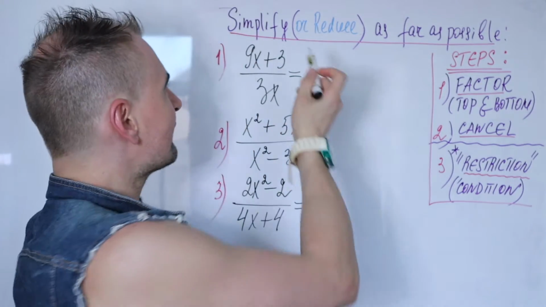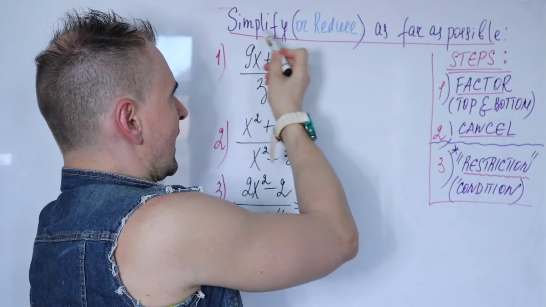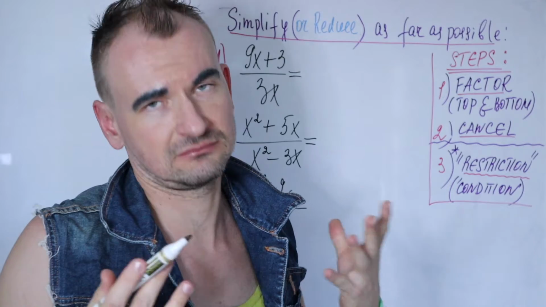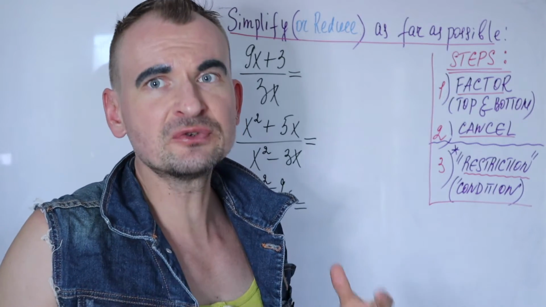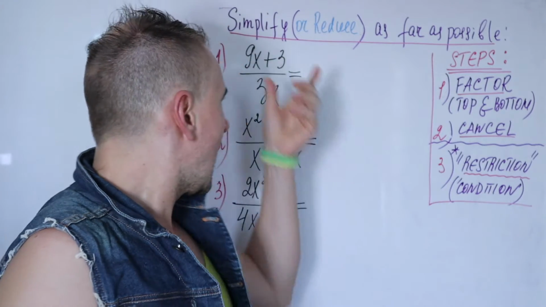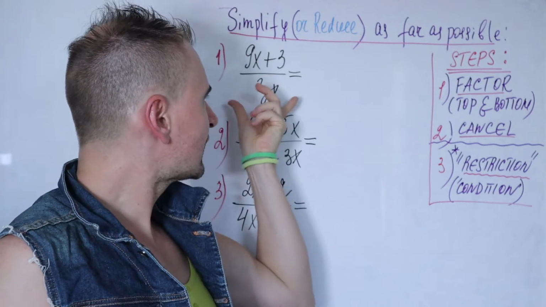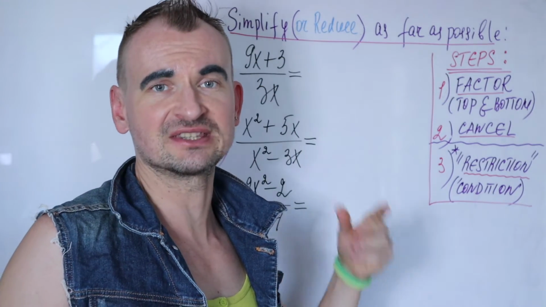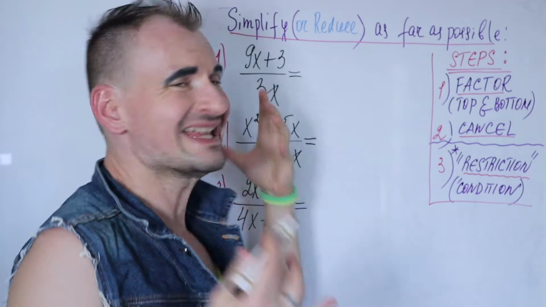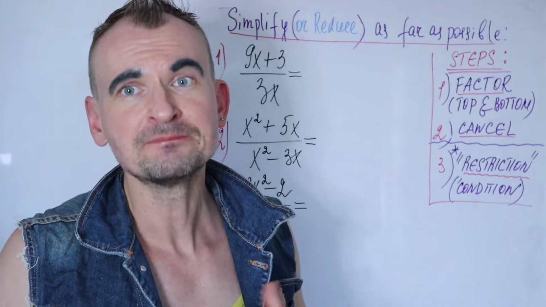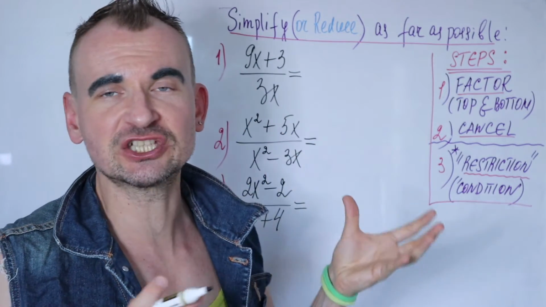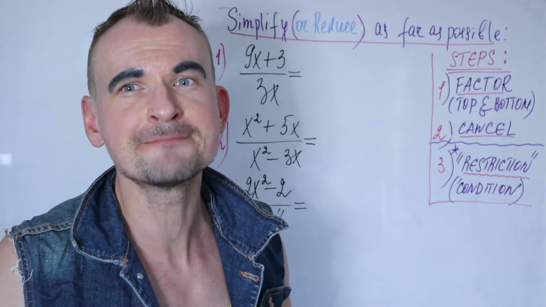So you have an x expression on top, or another letter could also be used like y, a, b, u, whatever. And also you have your bottom expression that is located on the bottom, or denominator, of your fraction. That's why another name for this rational expression is algebraic fractions.